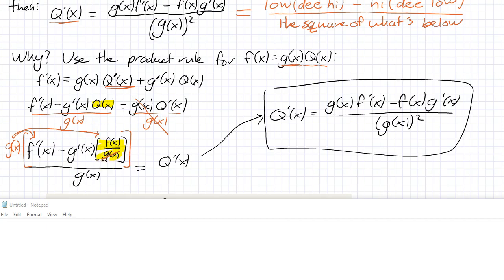Over here, it will cancel out. And on the left term, you get G of X times F prime of X. And I also need to multiply that on the bottom of the fraction so that I don't actually change it. And that's how you get this last step here, that the derivative of Q is low d high minus high d low over the square of what's below.